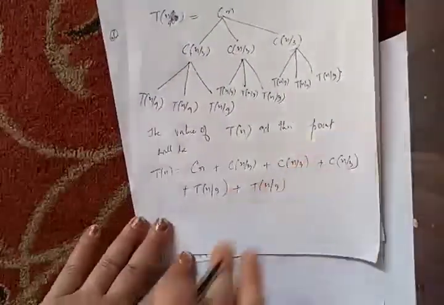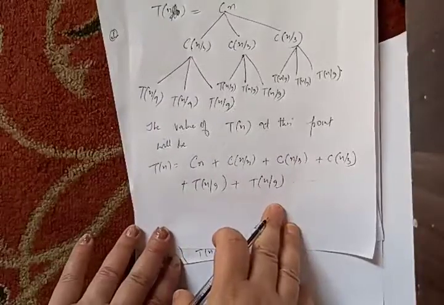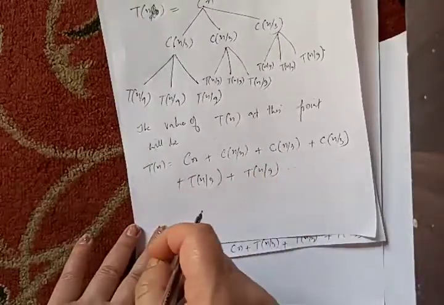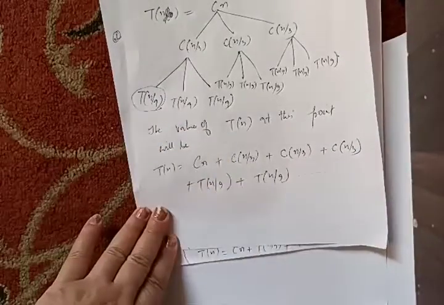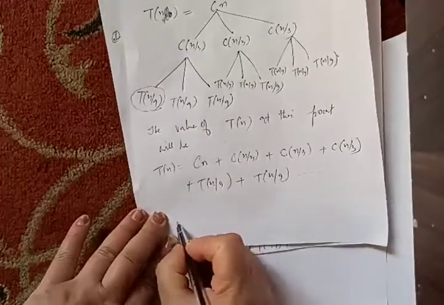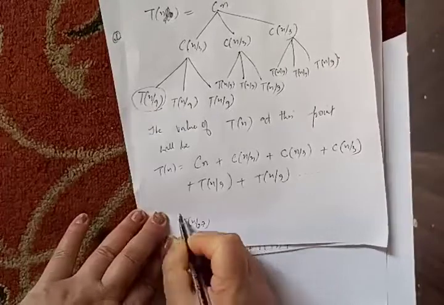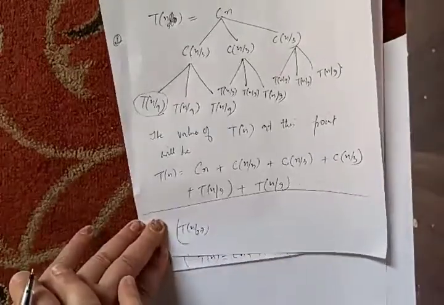Similarly, if we apply the third round of recursion, we have to replace this T(n/9). Obviously it will be T(n/27), and we replace it like that.